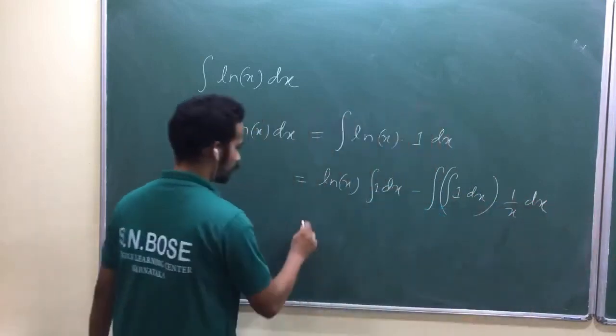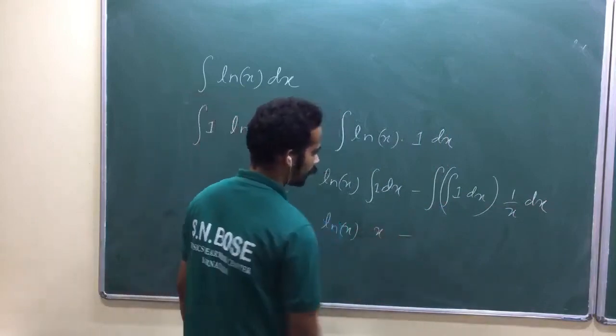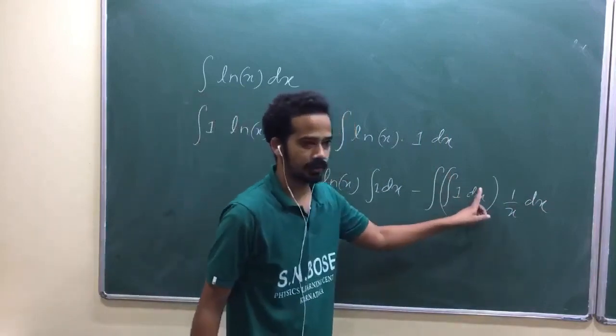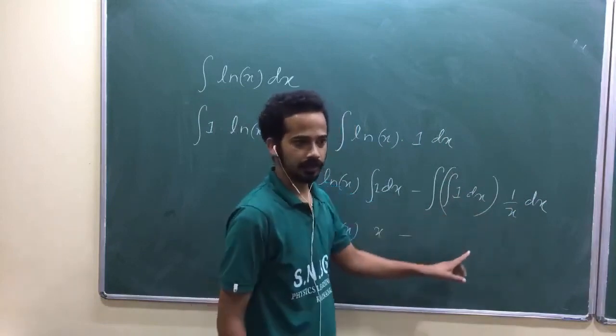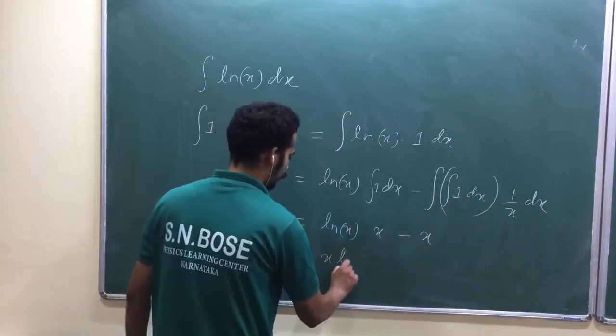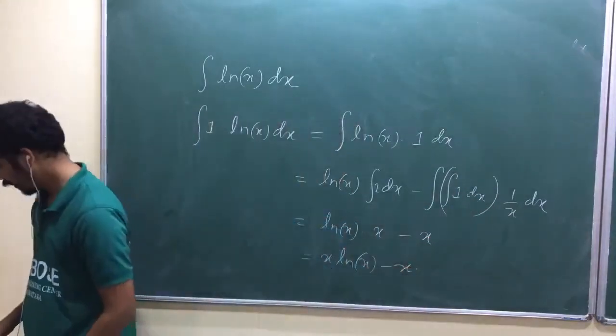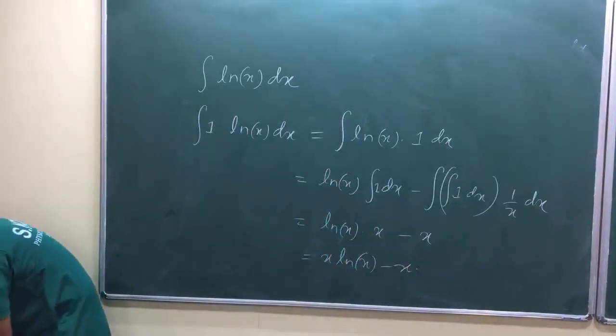Am I right? So that's equal to log x into x minus, this x cancels with this x, integration of dx, again x. So x log x minus x plus c.